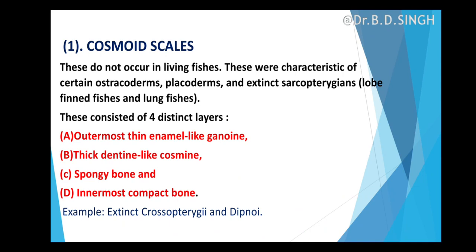The cosmoid scales are found in the extinct Crossopterygii and Dipnoi. The external layer of the scales is thin and enamel-like and is called vitrodentine.